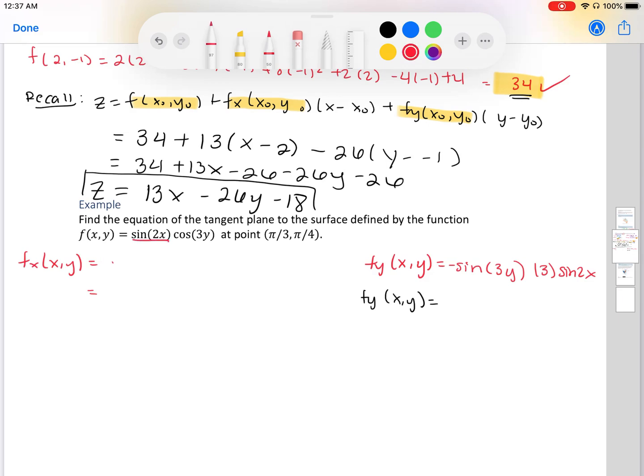So derivative of sine is cosine, so I have cosine of 2x. And then I take the derivative of the inside, which is 2, and then I bring down my cosine 3y. There we go. So then I have 2 cosine 2x, cosine 3y. Okay, and for my other one, I have negative 3 sine of 3y, sine of 2x.